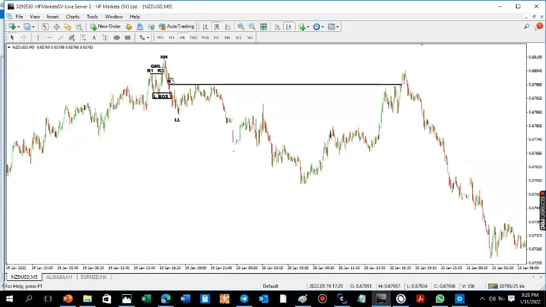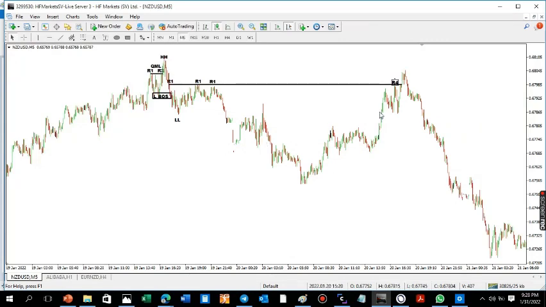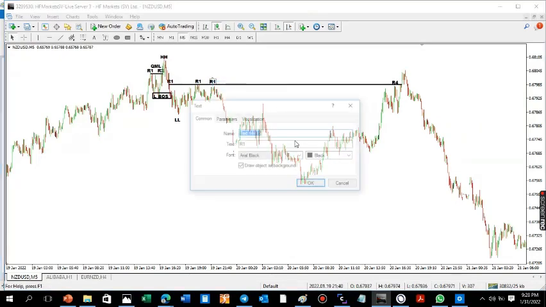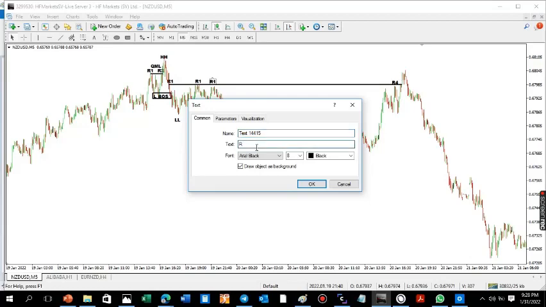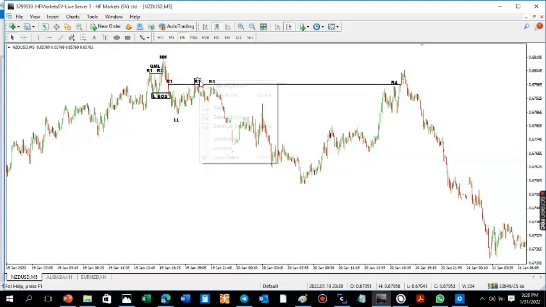So let's just put that. We had an R1 here, a very small one. We had an R1 here, right? And then we had an R2 here. We had an R3 here. And the final one here, R4. So this was R4. Let me just edit that. So R4 right there, and this was R3 right here.